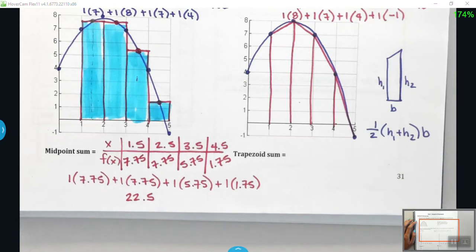Or I think it's the average of the heights, so height 1 plus height 2 divided by 2, times the base. Whichever way you want to do that.